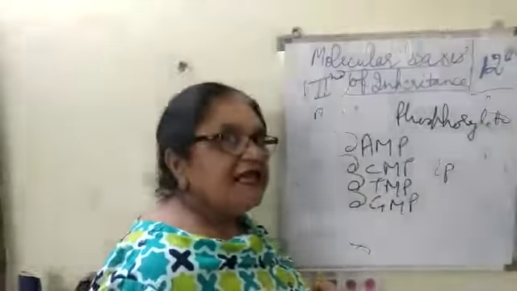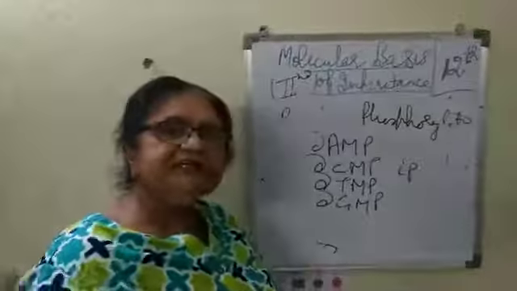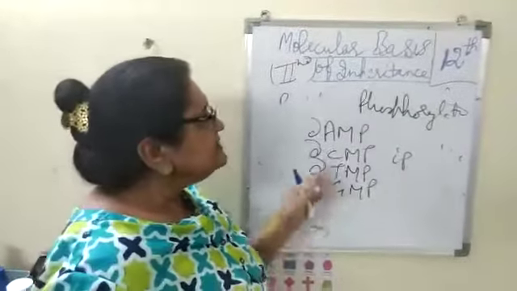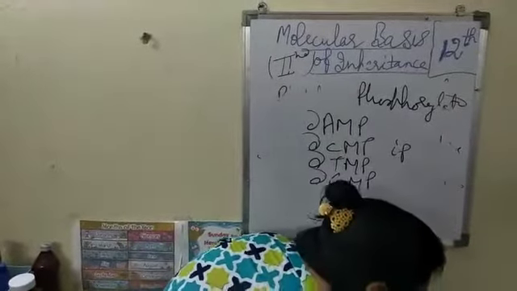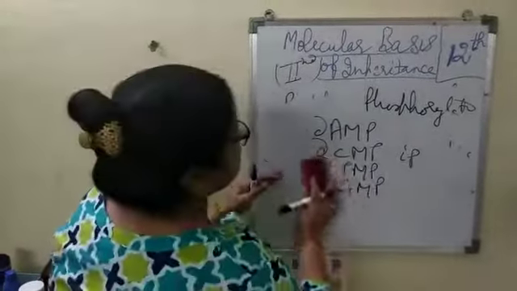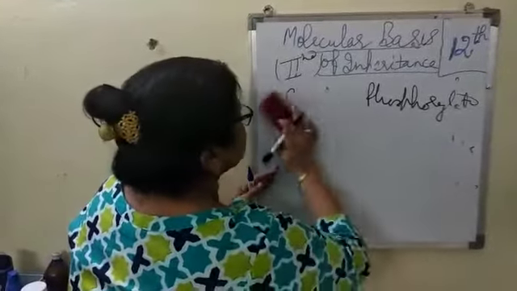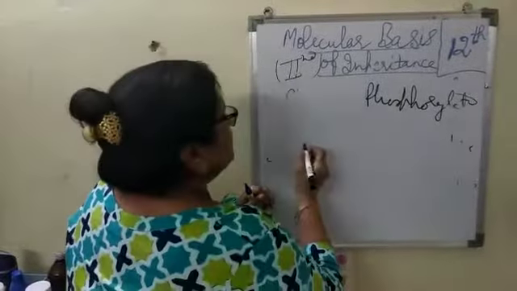So that means they are in the triphosphate form. Monophosphate changes into triphosphate, and this first step is called activation of deoxyribonucleotide.